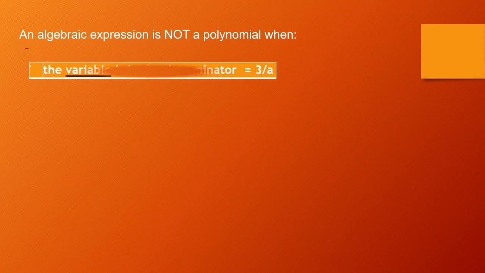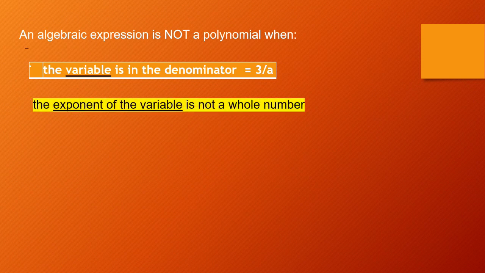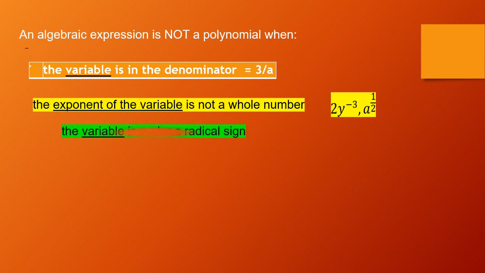Let's take 3 over a. Or the exponent of the variable is not a whole number. Let's take a^(1/2) or 2y^(−3). And the variable is under a radical sign, like √m.